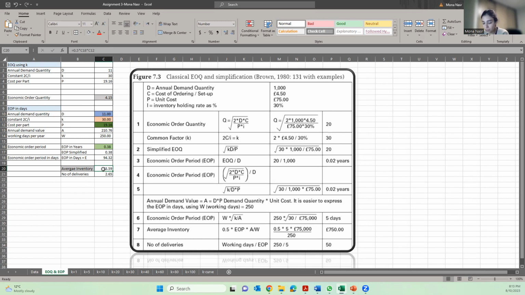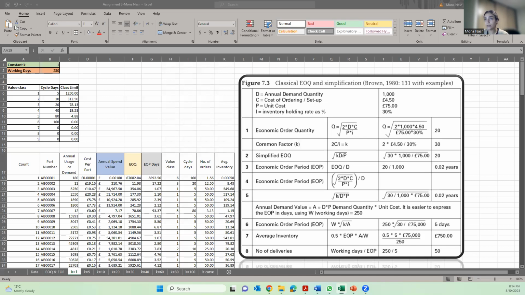Here it is 0.5 times 94.32 times 19.16, which is going to be 903.59. And for the number of deliveries, you can see the formula in this picture, which is working days divided by EOP. Here it is 250 divided by 94.32, and it's going to be 2.65.